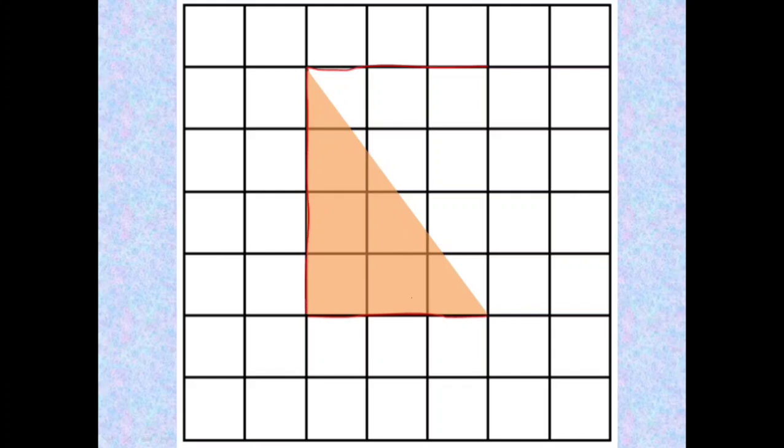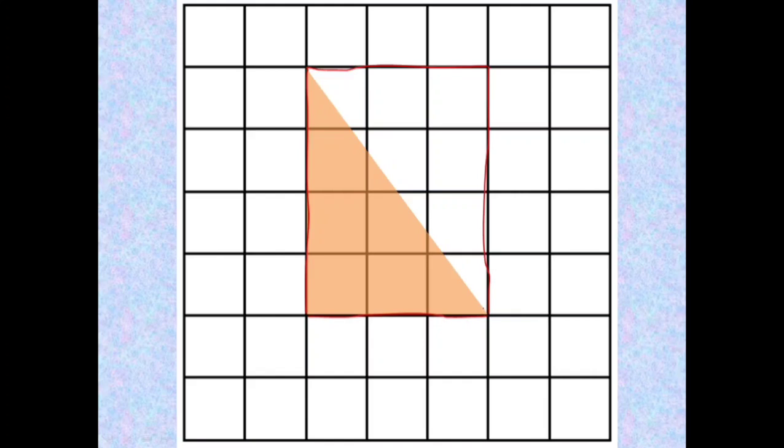Now we will draw the opposite side of this. So this is the opposite side, children. So what do we get? We get a 3 by 4 rectangle.